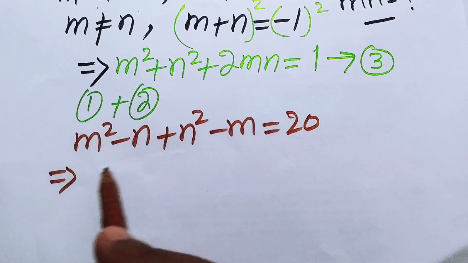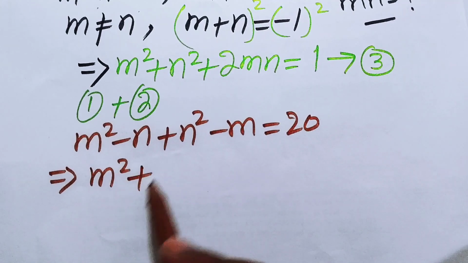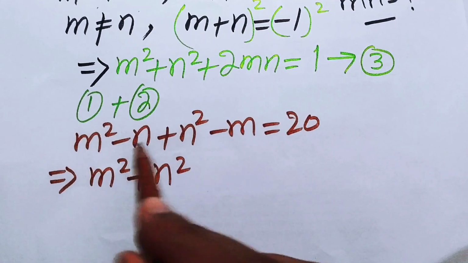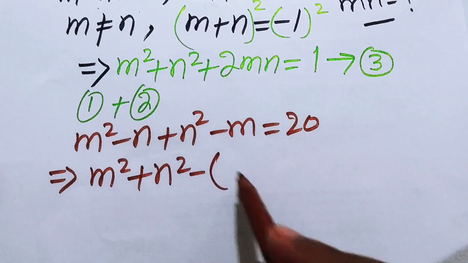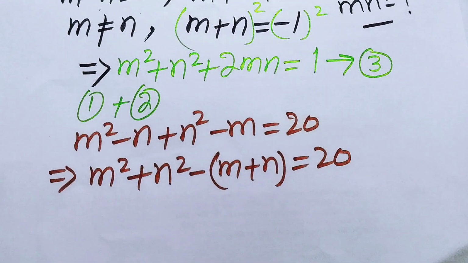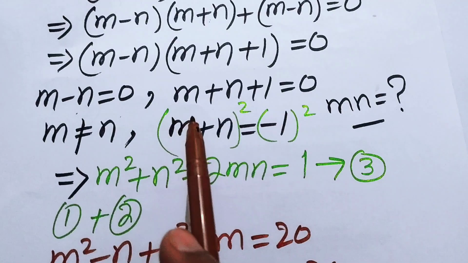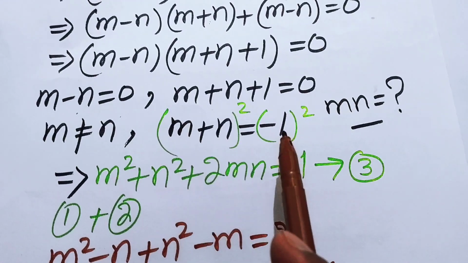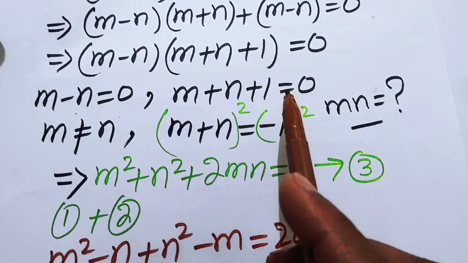Now we rearrange the terms, and we write m square plus n square, and we take common minus from the other two, and we get minus times of m plus n equals to 20.